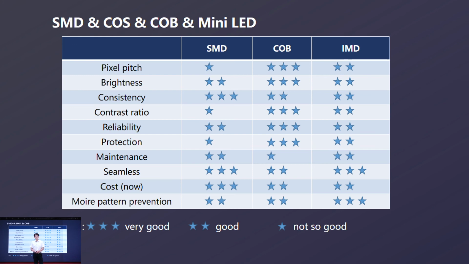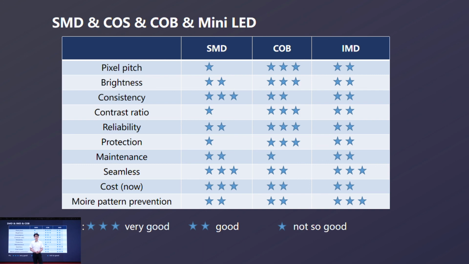Here is a pros and cons comparison form between SMD, COB, and IMD. As we know, SMD has been developed for many years, so it has a good balance across all features. IMD is an improved version of SMD, so it has better performance in many aspects compared to SMD.